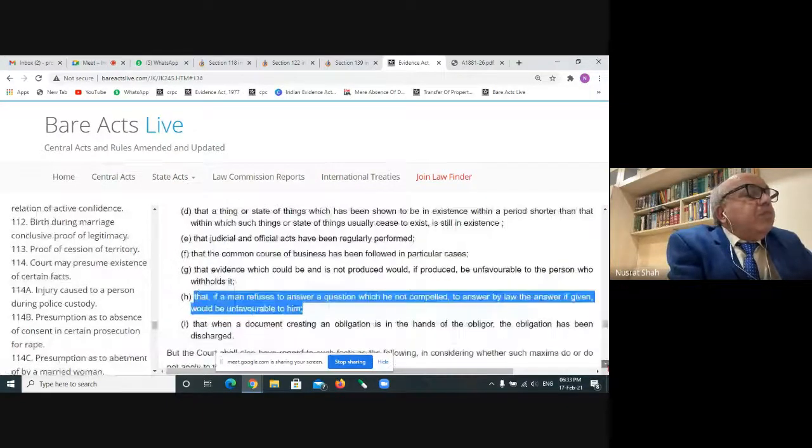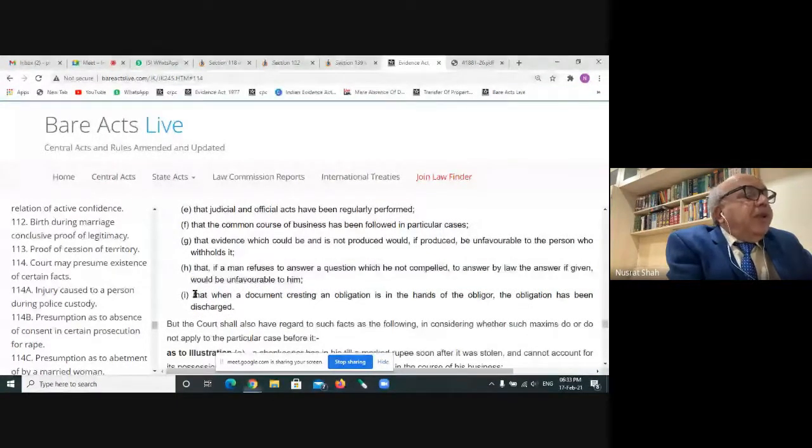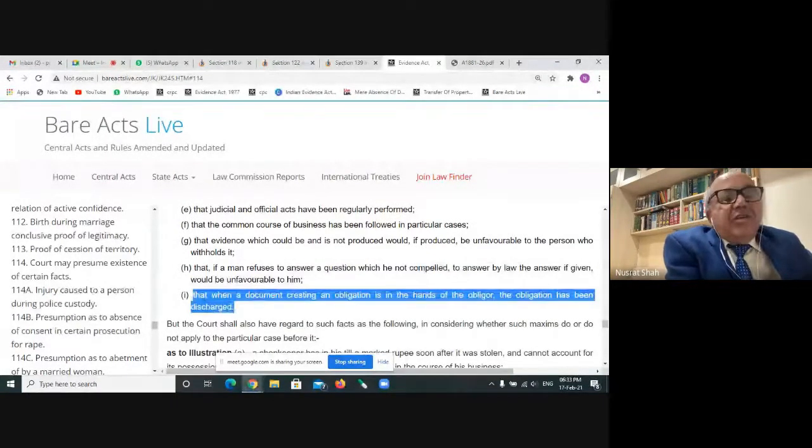Yeah. Then I. When a document creating obligation is in the hand of the obligor, the obligation is discharged. A promissory note: I took a loan from you, executing a promissory note. The original comes back to me after one month. The law presumes that I have paid the amount. Do you understand?